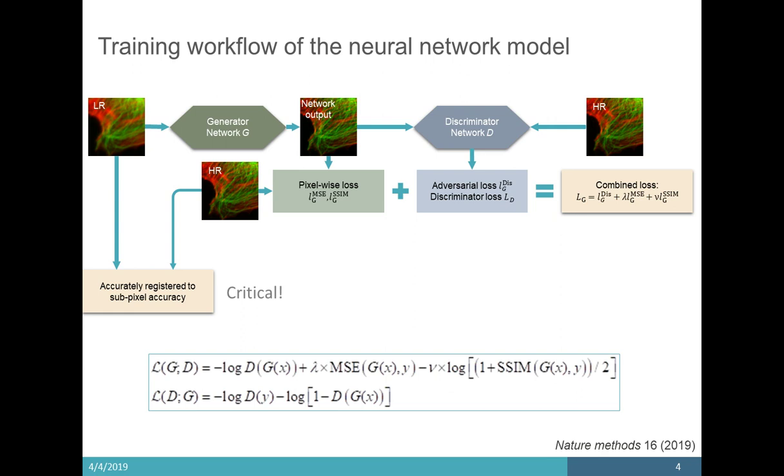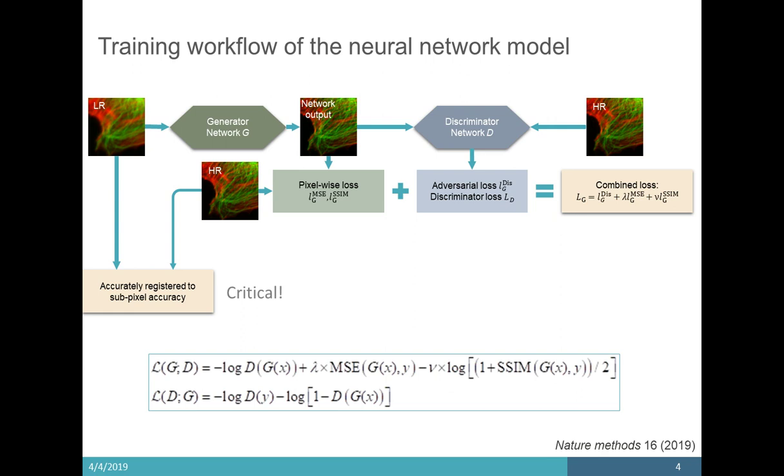Then we have another discriminator network model that tries to distinguish the network-enhanced image and the true ground truth image and gives us an adversarial loss. This is the second part of the loss. During the network training, the generator tries to fool this discriminator network, and the discriminator tries to distinguish the two images.